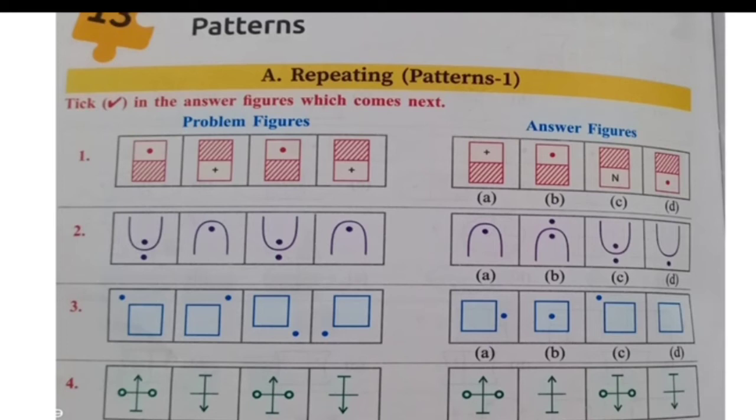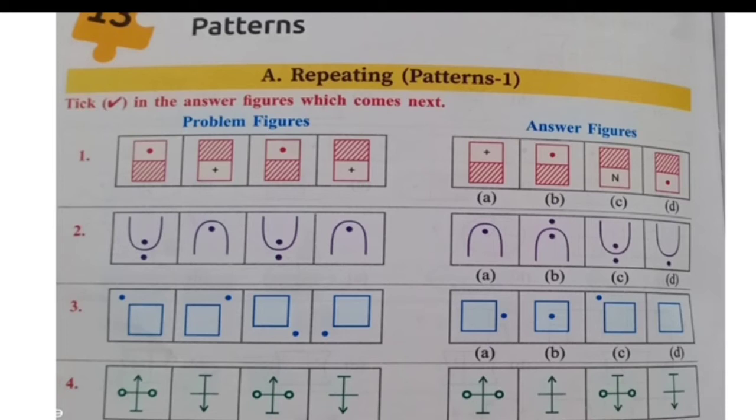Second question, option C. U shape, one dot is inner side and one dot is outer side. Then U shape, exactly opposite side, one dot is inner side.